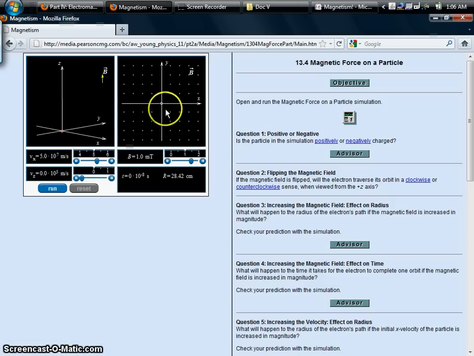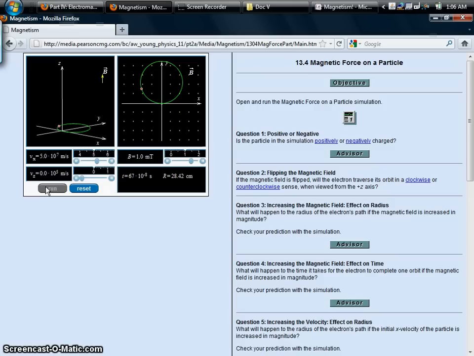On the right, this is like an overhead view. We see dots, and the magnetic field is coming up towards us as we look down on the xy plane. And right now, I'm just going to give it a little bit of x velocity. Okay. So just watching that, you can test this to see what kind of charge it is by using either the right or left-hand rule. And it turns out it's a negative charge.